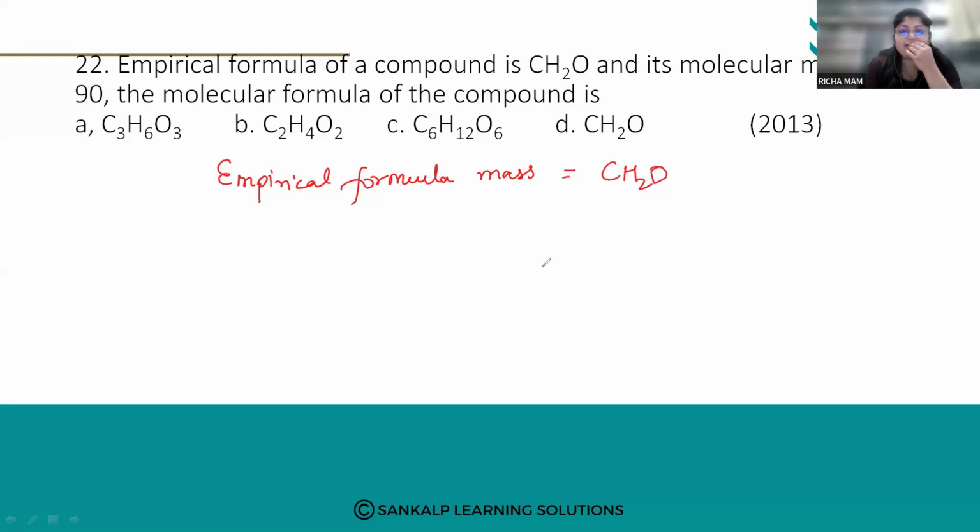Carbon is 12 plus hydrogen is 2 plus oxygen is 16. So how much is it? 30. So empirical formula mass is 30.